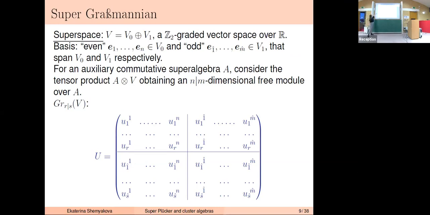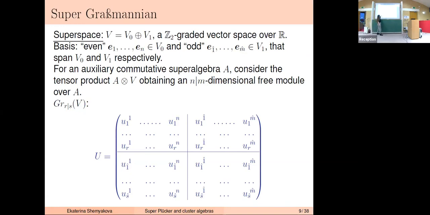Now, what is the Grassmannian RS over V? Remember this matrix, where we put the generators of my RS plane. My RS plane has R even vector generators and S odd ones. I put them as the rows, and the columns have to correspond to the basis in the ambient space.